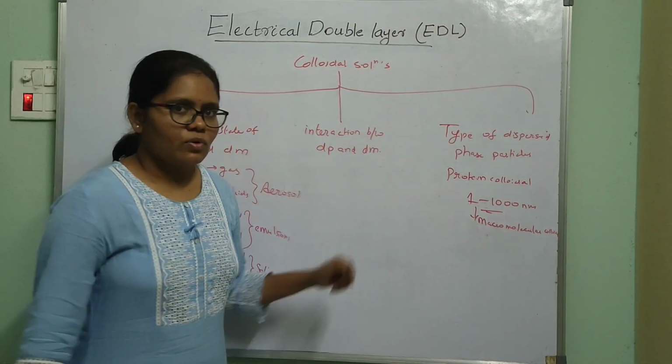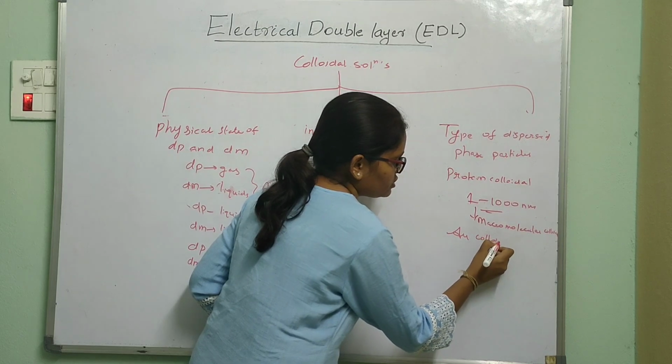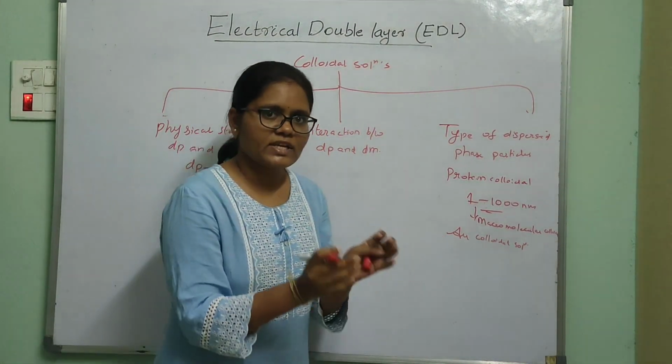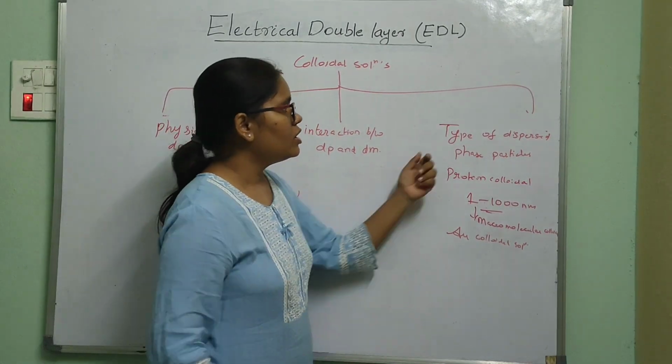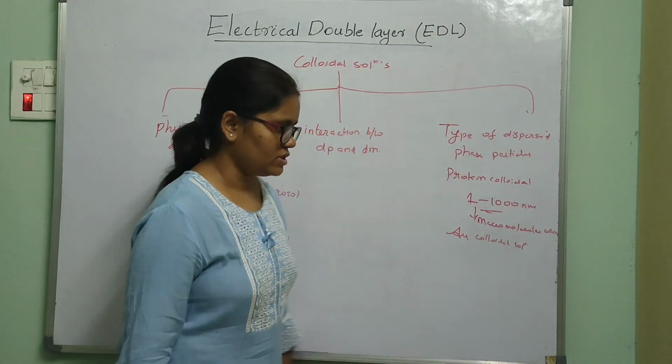But in the case of gold sol, the gold colloidal solution, we saw that many gold atoms aggregate to form a particle whose size ranges between 1 to 1000 nanometers, right?